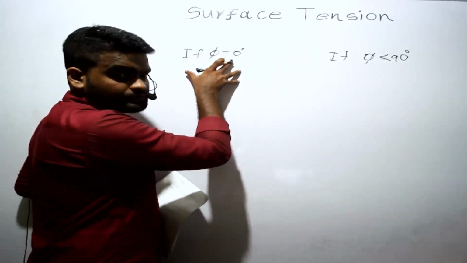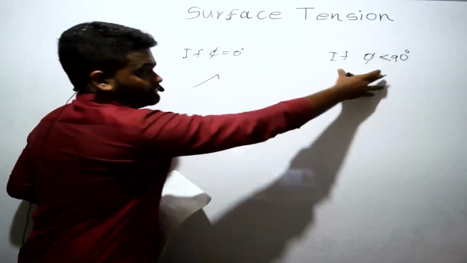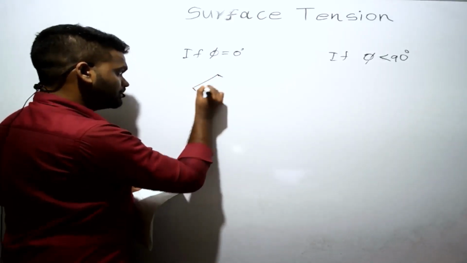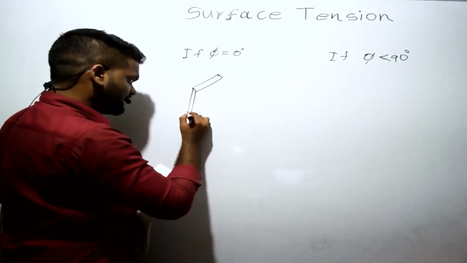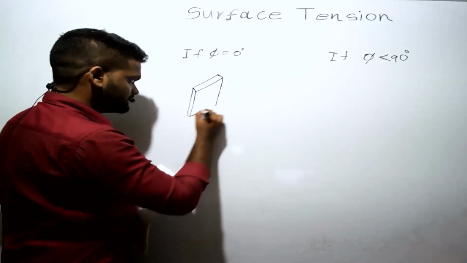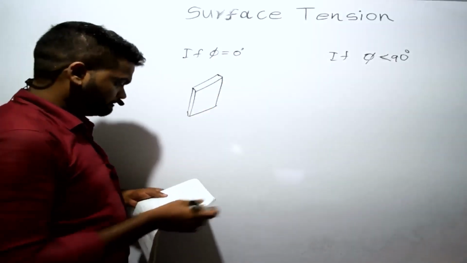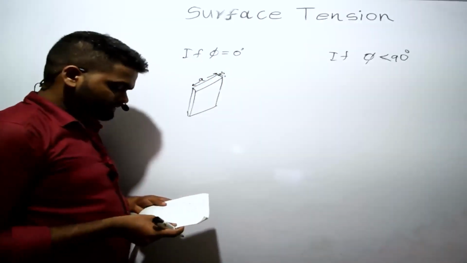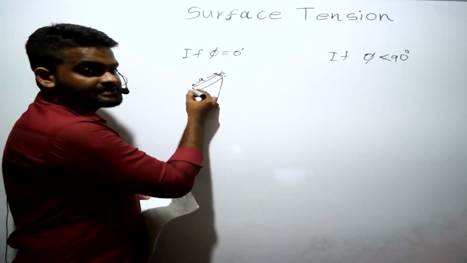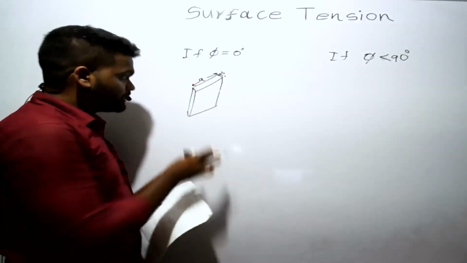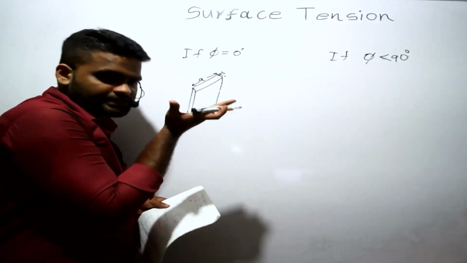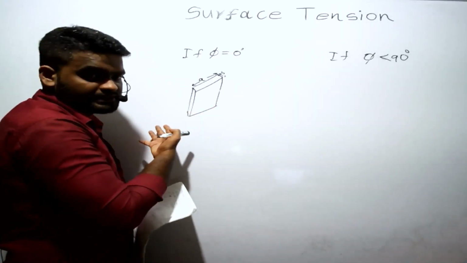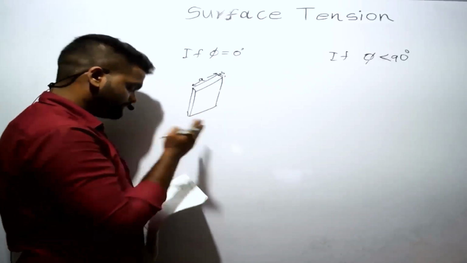I'm drawing this at two sides, right? So you have the glass slide, with length A and thickness B. You just touch the liquid here.